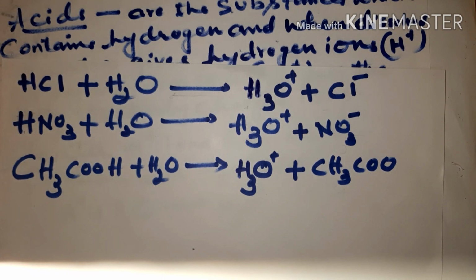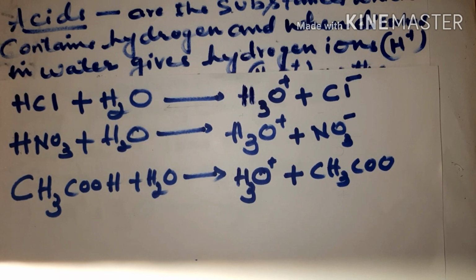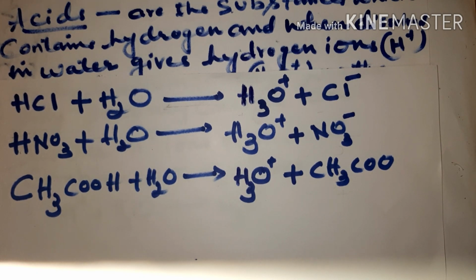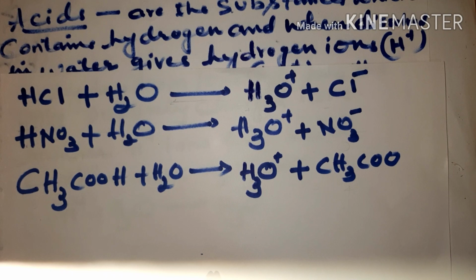How do you identify an acid? By its sourness. Most of the acids are highly corrosive, but some acids are less corrosive in nature, like those found in food items: citric acid, tartaric acid, oxalic acid.